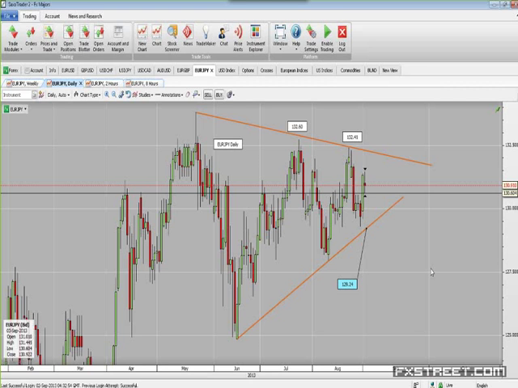A hard currency pair to trade intraday at the moment, let alone medium term, with obviously a bias for euro or euro crosses to go lower, but then yen pairs to go higher. So I think that's going to continue until we get a real breakout of this range.